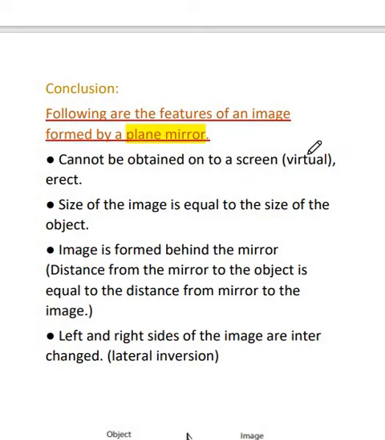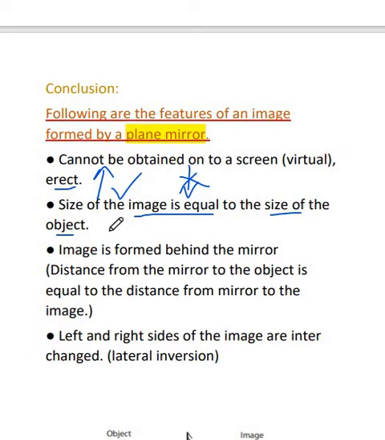Okay, guys. The second thing is that it is erect, not inverted. That means it's like this, not like this. Next up, you will be able to observe that the image size is equal to the size of the object. Image size will be equal to the size of the object.